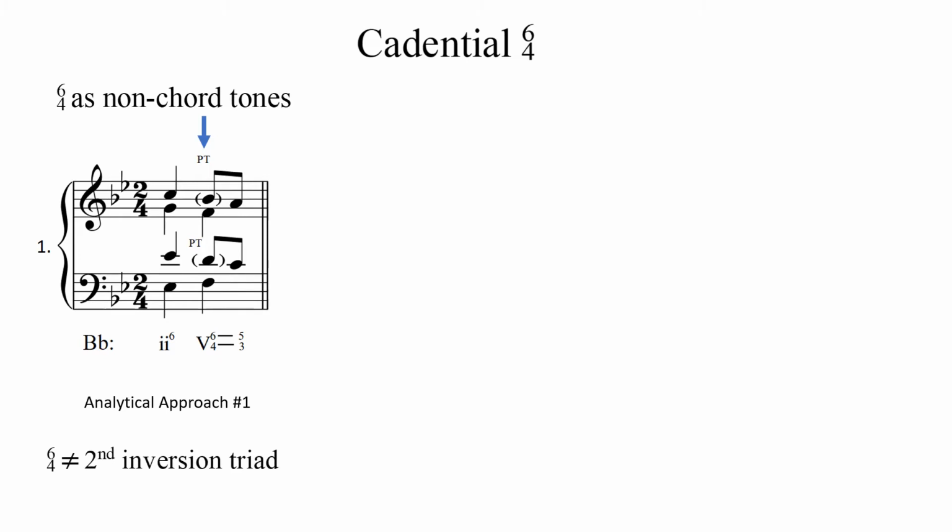The 6 and 4 reflect the intervals above the bass note, which are the accented passing tones, non-chord tones, in the tenor and soprano voices, while the 5 and 3 symbols reflect the resolution and the continued stepwise descent of the passing tones in the same voices to a 5th and 3rd above the bass to form the root position dominant triad. I know that was a mouthful.